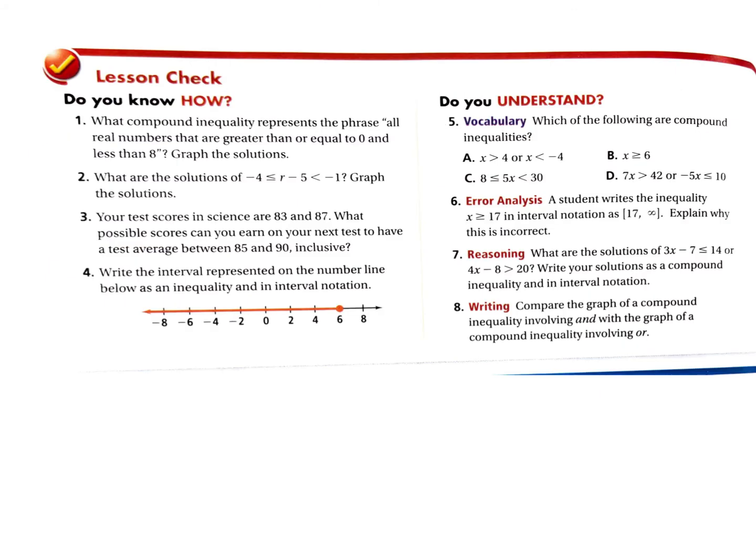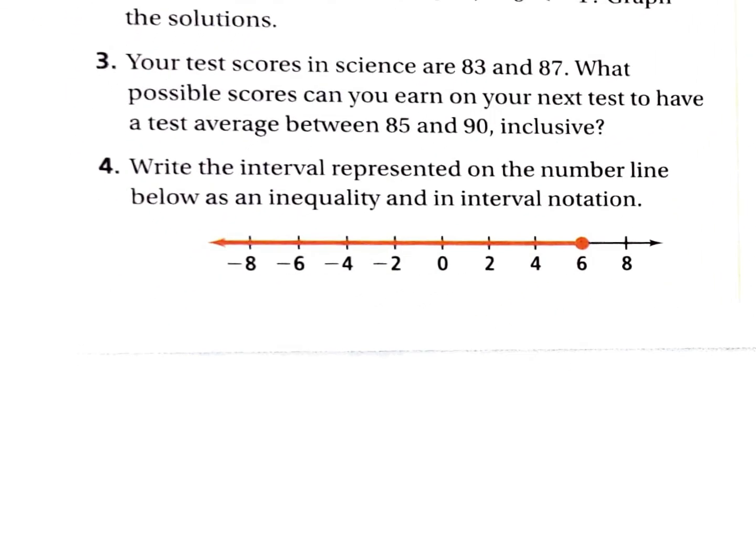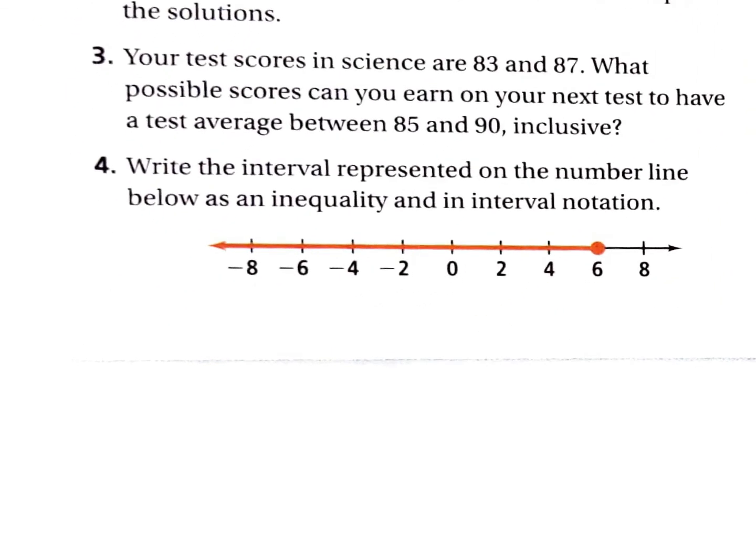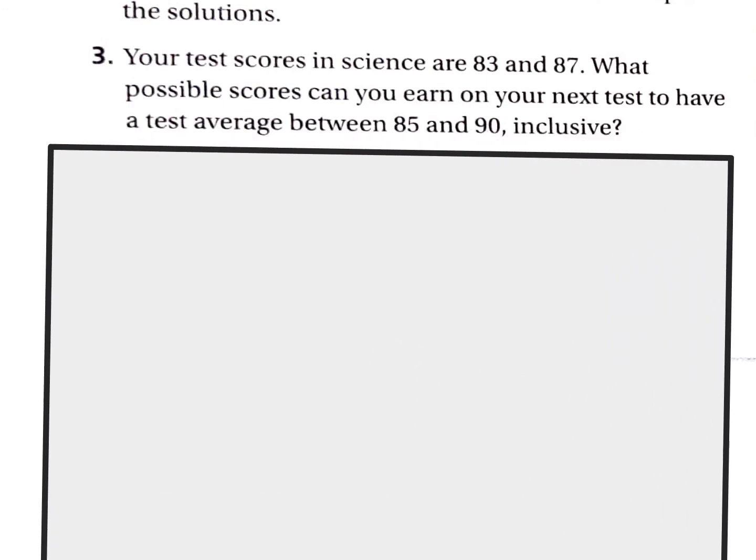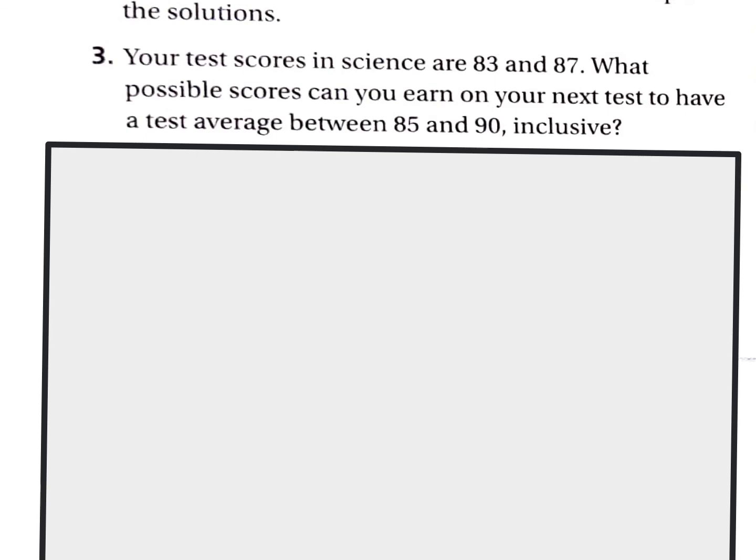We're going to look at the lesson check number 3. So we've got some test scores. What possible scores can you earn on your next test to have a test average between 85 and 90 inclusive? Okay, so we've got 83 plus 87 plus whatever our next test is.